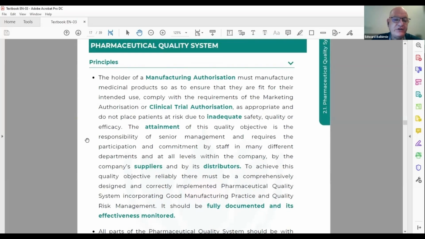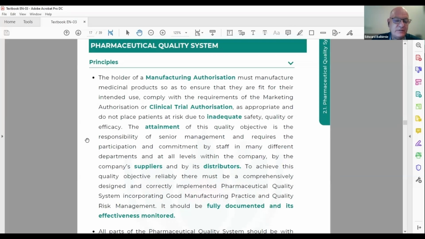If we read through it, it says the holder of a manufacturing authorization must manufacture medicinal products so as to ensure that they are fit for their intended use, comply with the requirements of the marketing authorization or clinical trial authorization as appropriate, and do not place patients at risk due to inadequate safety, quality, or efficacy.